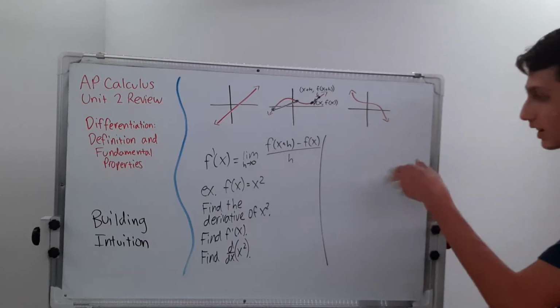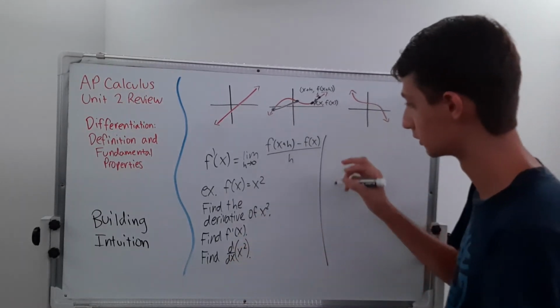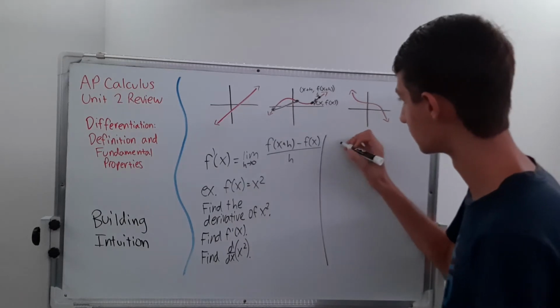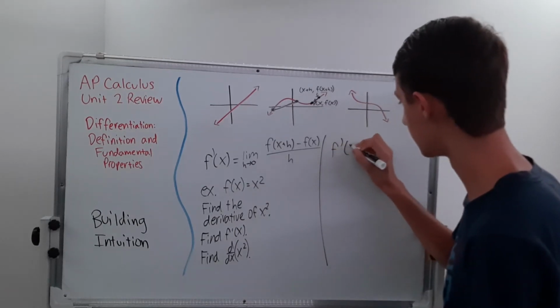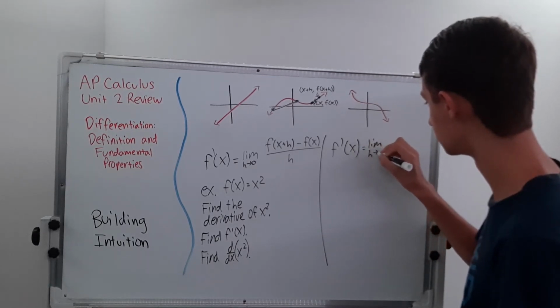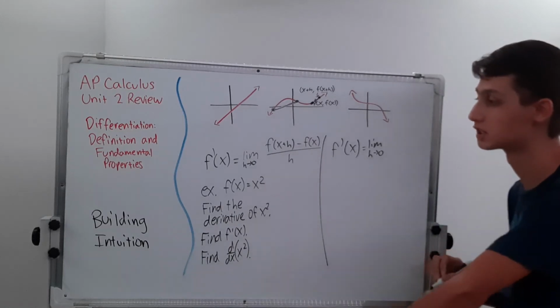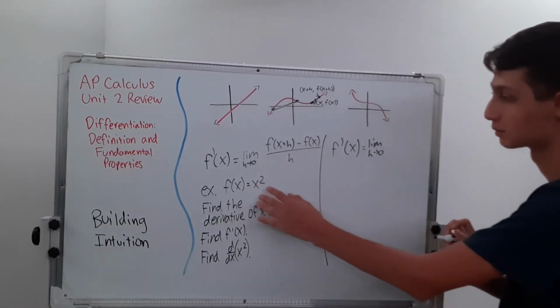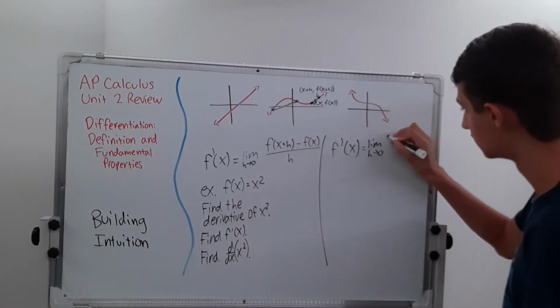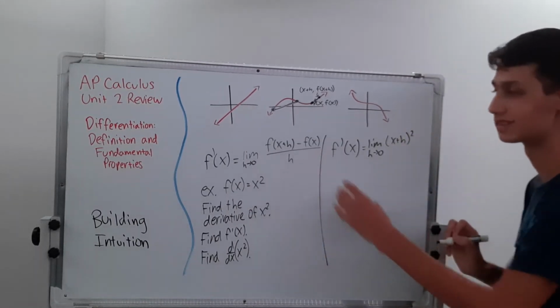Okay, so whatever. If we have our function here, so if f of x is x squared, then we can say f prime of x is going to be the limit as h approaches 0 of f of x plus h, this is your function at x plus h, so this is going to be x plus h squared, and then minus our original function.